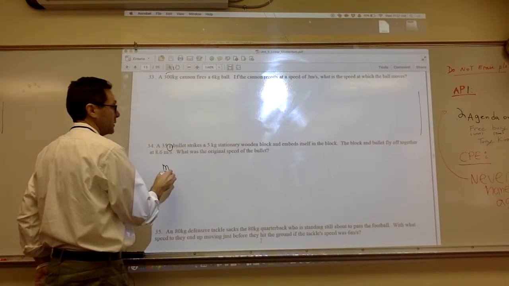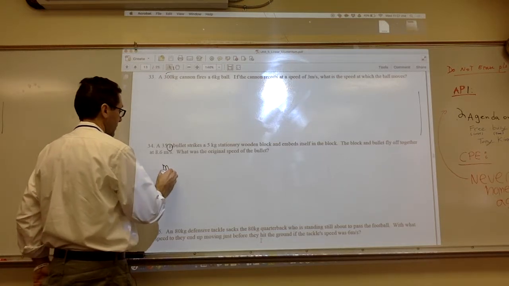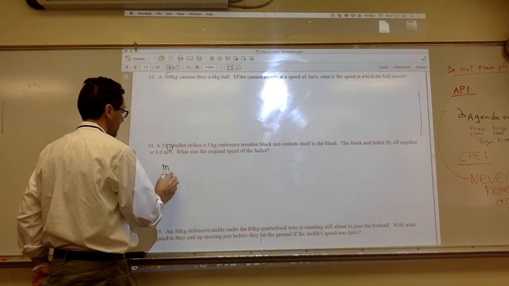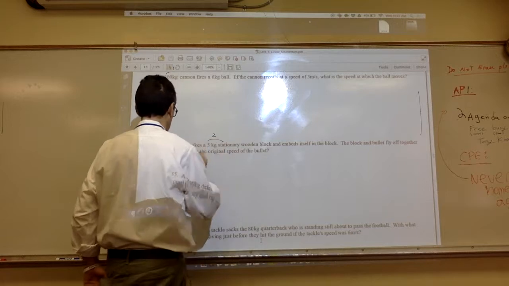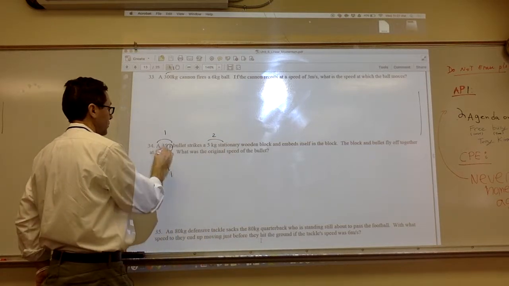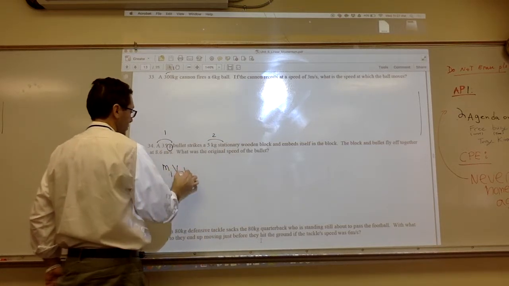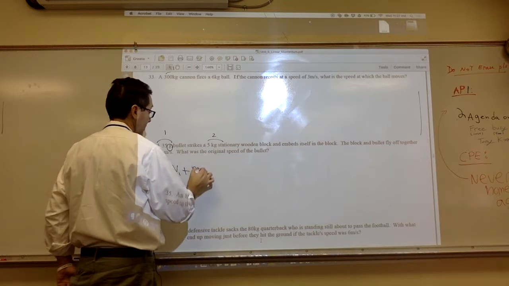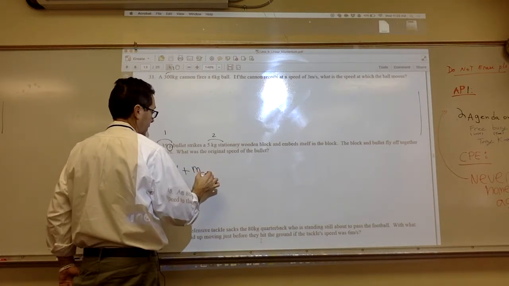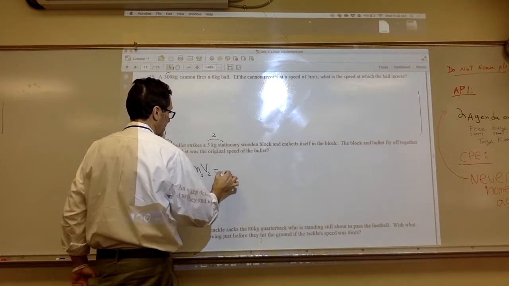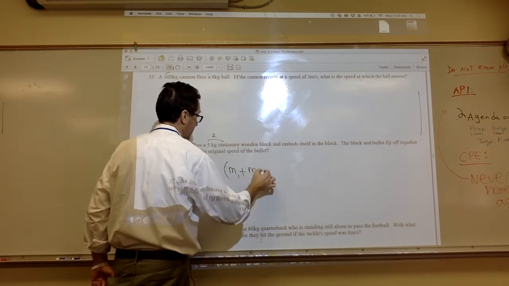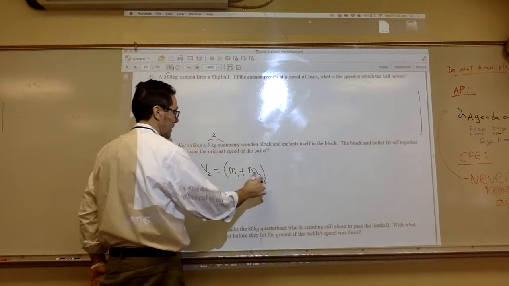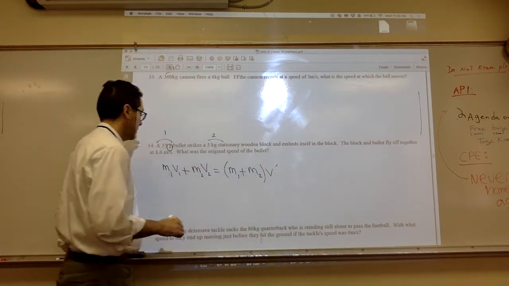The bullet is 1 and the block is 2. The mass of the bullet times the velocity of the bullet before, plus the mass of the block times the velocity of the block before. Now they become one piece, so that should equal the combination of the masses times the common velocity.